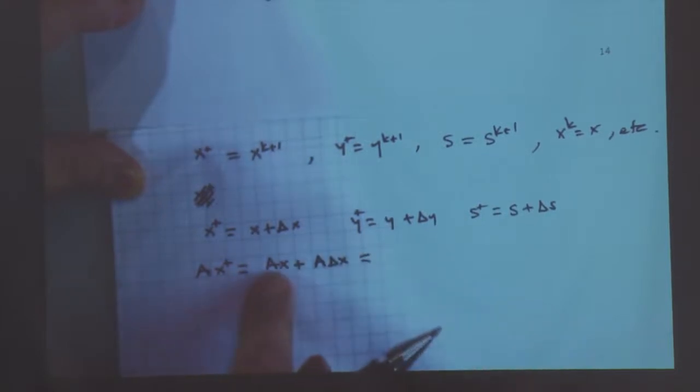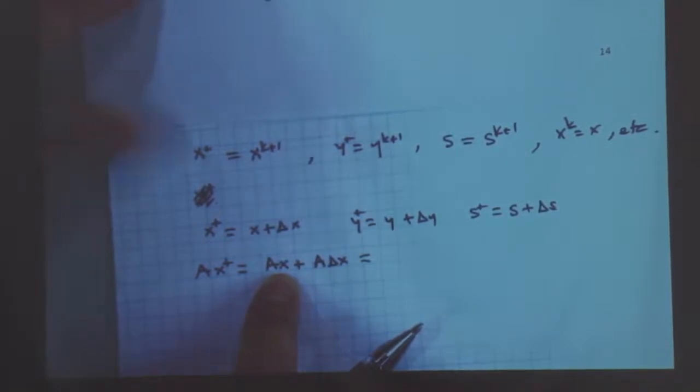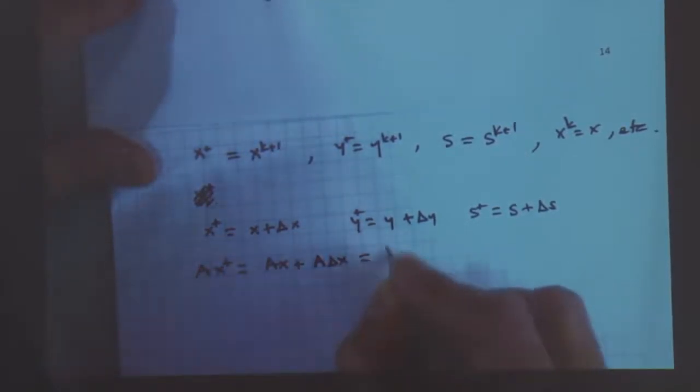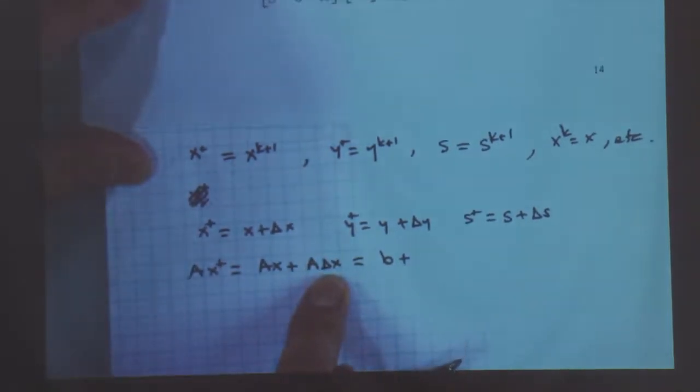Now, the previous iterate, what was A x equal to? If my previous iterate is in the neighborhood, what happens to A x? It is b, right? So this term is already b. And what happens to A delta x? What is A delta x equal to?